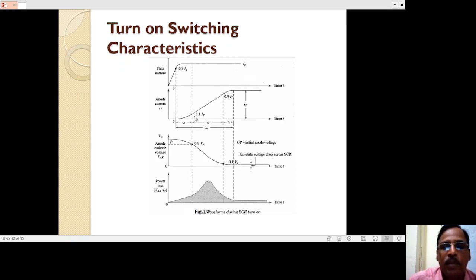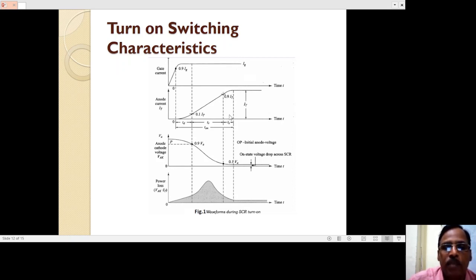It is the time period between 10% of anode current to 90% of anode current. See here, 10% of anode current here to 90% of anode current here. It's called rise time. Next is your spread time.